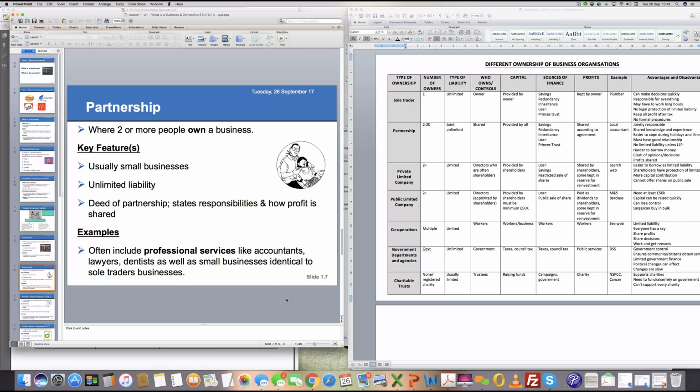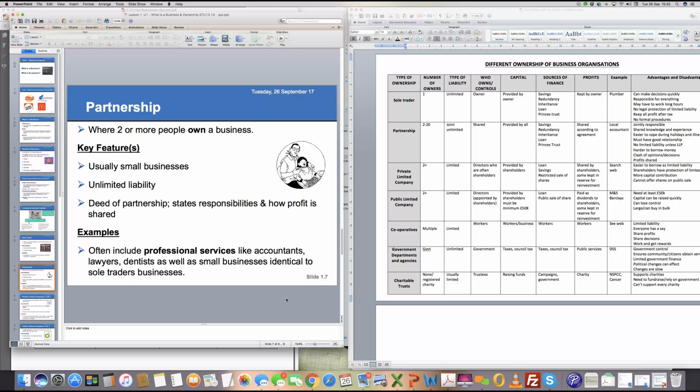The reason is, when you look at Price Waterhouse Coopers, essentially they were three accountants. They combined the business, and because of the combining, they became partners in the business, but were also able to attract more clients. A number of years back, Price Waterhouse and Coopers actually came together.